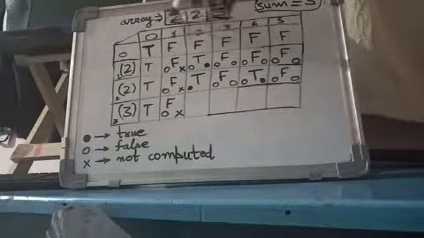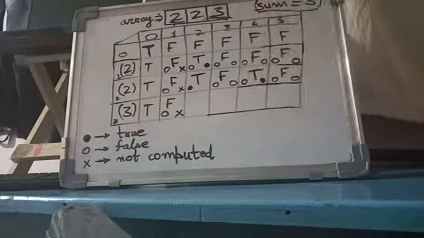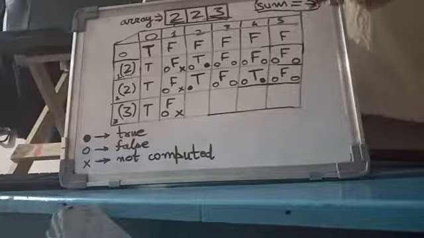The indexes are starting from 1, 2, 3. And the columns represent the possible sums which we have to check. So we check the sums 0, 1, 2, 3, 4, 5, because we do not want to go beyond the sum 5.